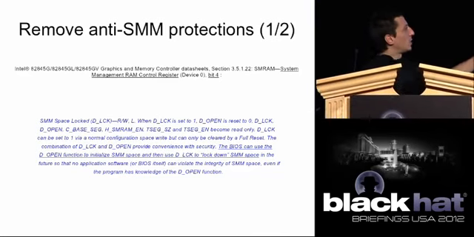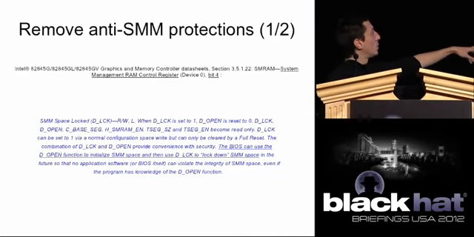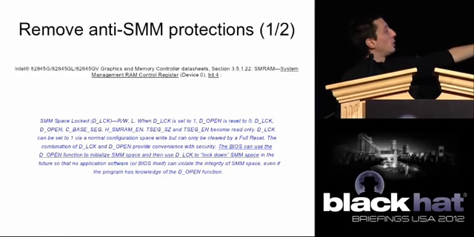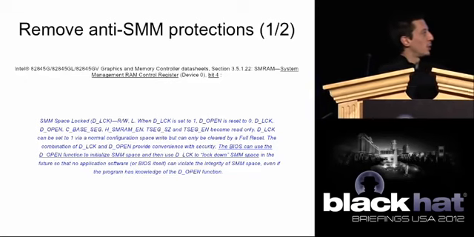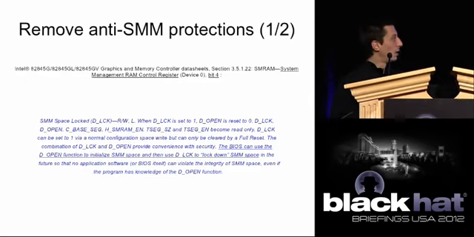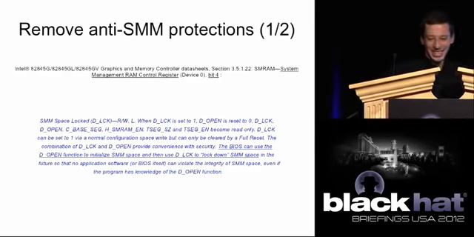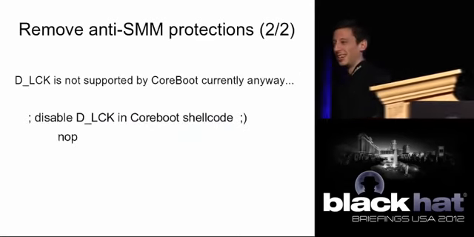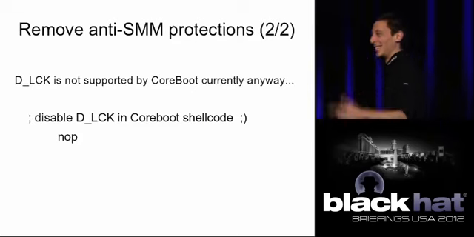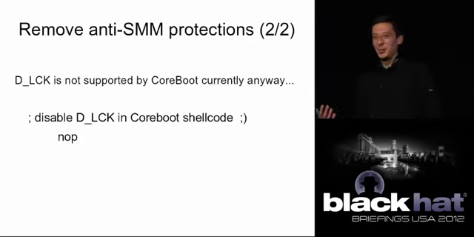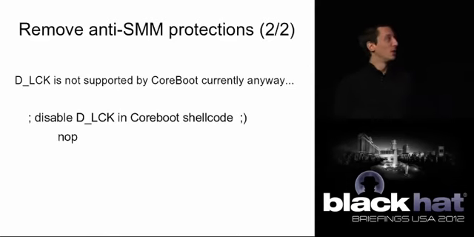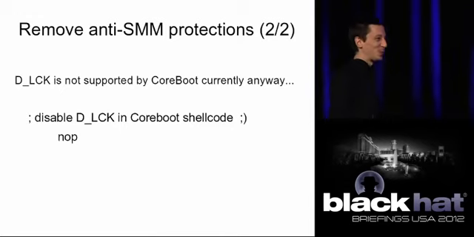The specifications say that the BIOS can use D_OPEN to initialize SMM, and then use D_LOCK to lock down SMM space. The problem, of course, is that you don't have to. Coreboot does not support it. So if you want to get rid of SMM protection, you just install Coreboot and use a super shellcode, or one which does nothing. Any question?